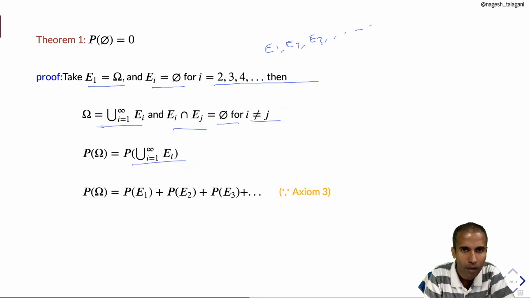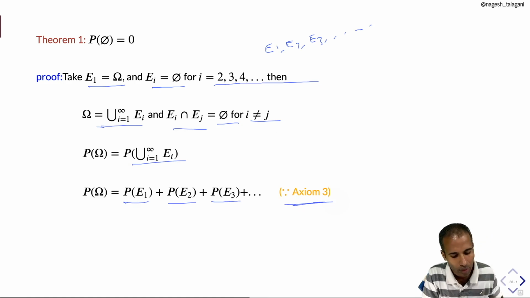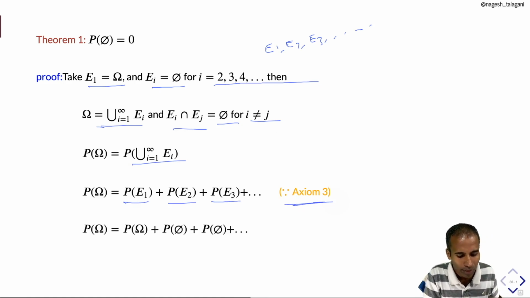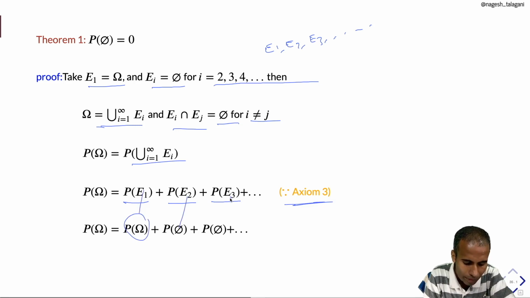The probability of this union of this countable collection is going to be the sum of their probabilities. That's why I'm writing the probability of E1 plus probability of E2 plus probability of E3 and so on, by axiom 3. Now E1 is nothing but omega, E2 is nothing but phi, E3 is nothing but phi, and so on.